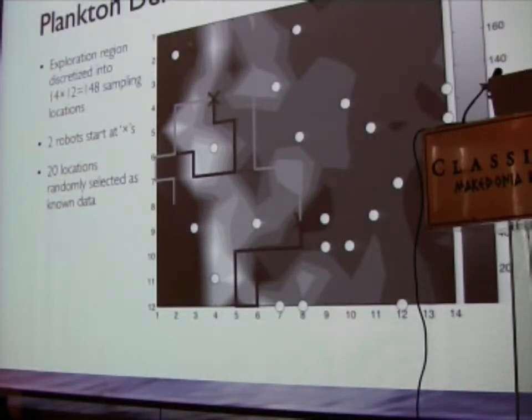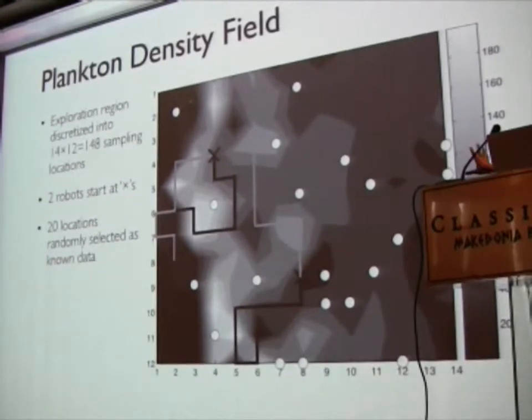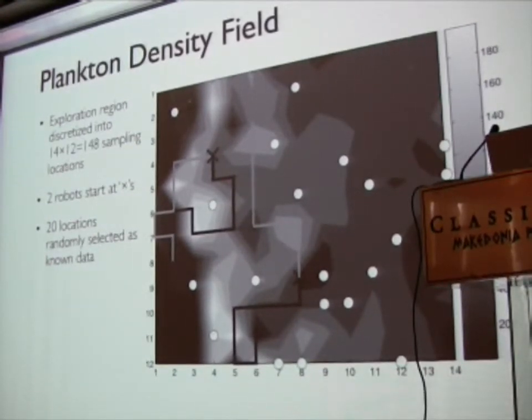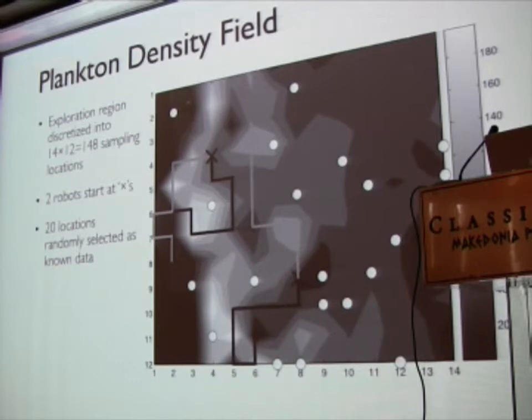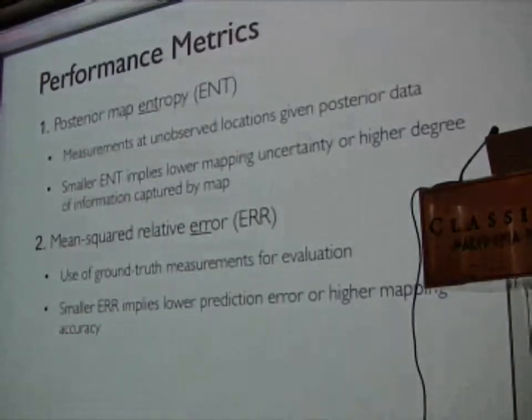On the original map, which is now in grayscale, the exploration region is discretized into 148 sampling locations. There are 2 robots starting at the axis. There are 20 locations that are randomly selected as the known data for me to determine the hyperparameters of the model. There are 2 metrics that I looked at.